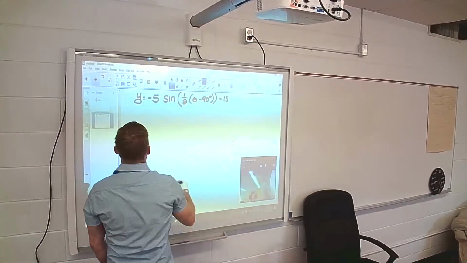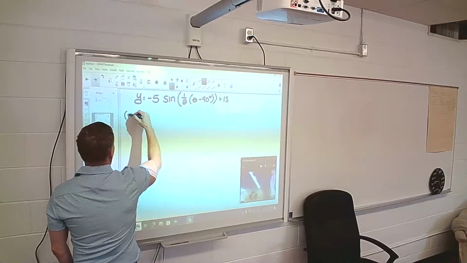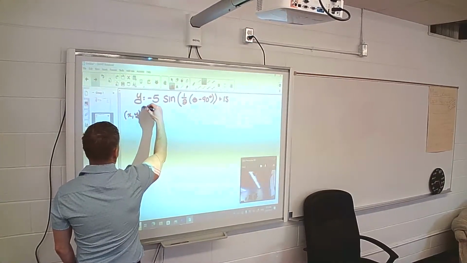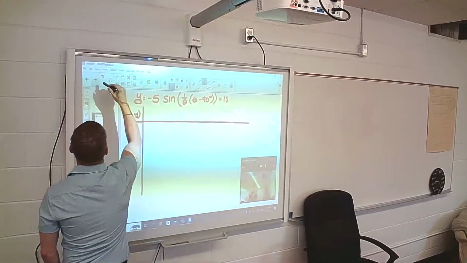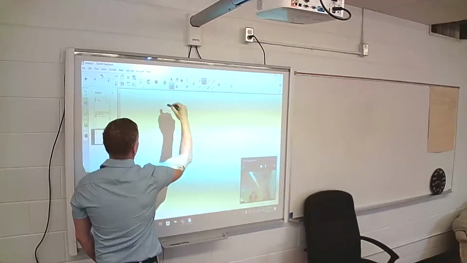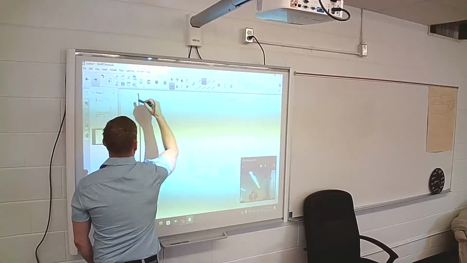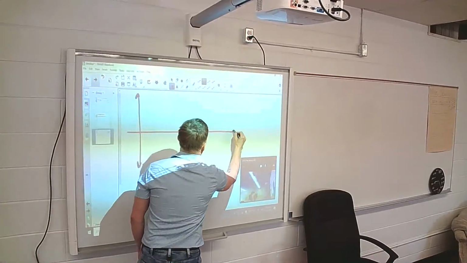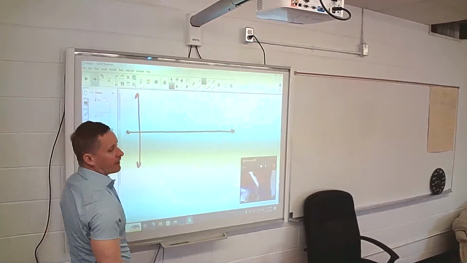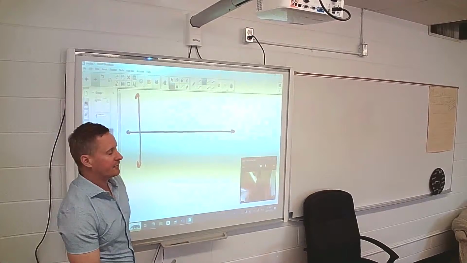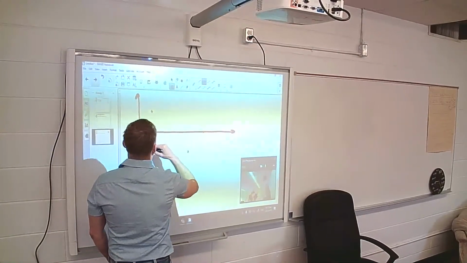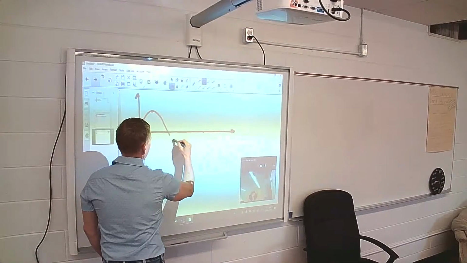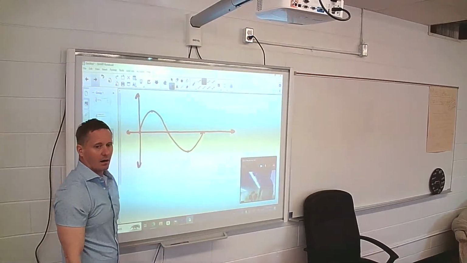Okay, so my 5 key points. My 5 key points for the sine graph are here, here, here, here, and here. Okay? That's what my 5 key points are.